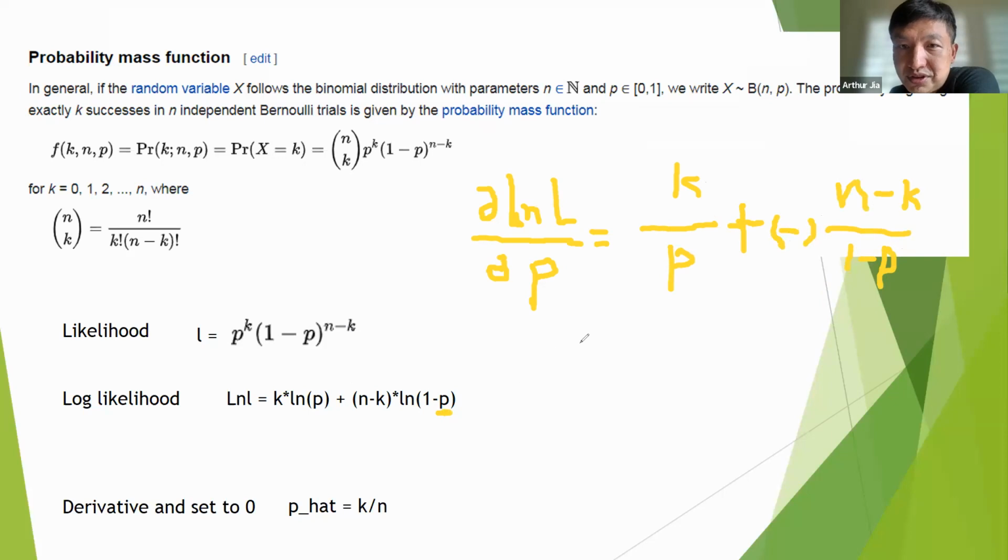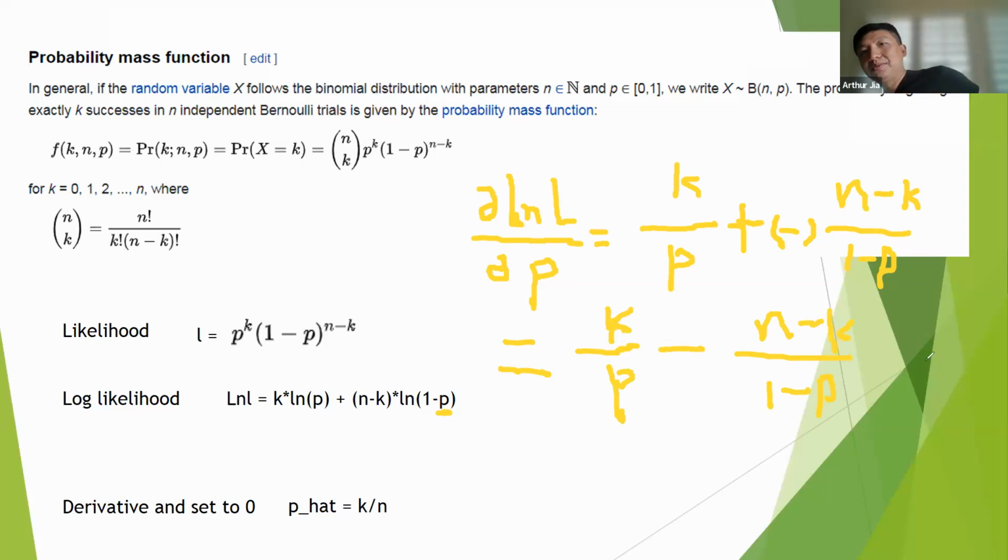If you simplify this, it will become K over p minus N minus K over 1 minus p. So this is the first derivative. If we want to find the p-value, we have to set this equal to 0. I put this sign here. We purposely put this formula equal to 0, and then we solve this.